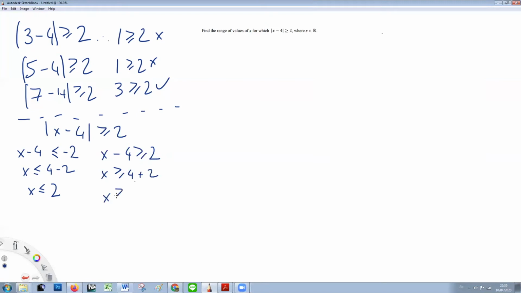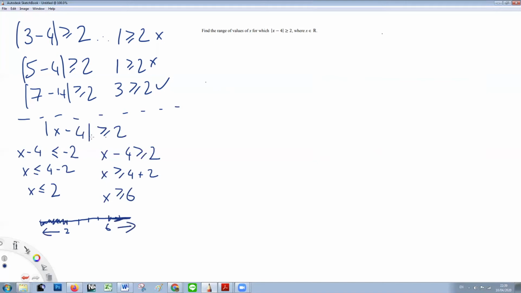So now we can say the x value is going to be greater than or equal to 6. So on a number line, we're going to have 1, 2, 3, 4, 5, 6, 7. So that's going to be 6, that's going to be 2. So our values are going to be this way and this way.